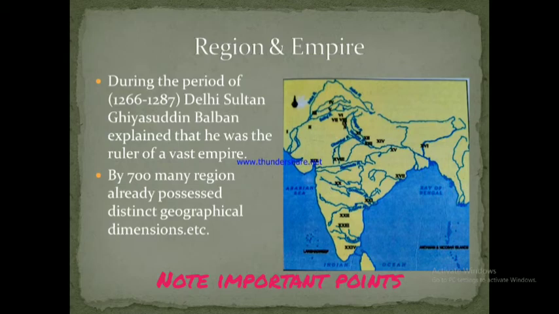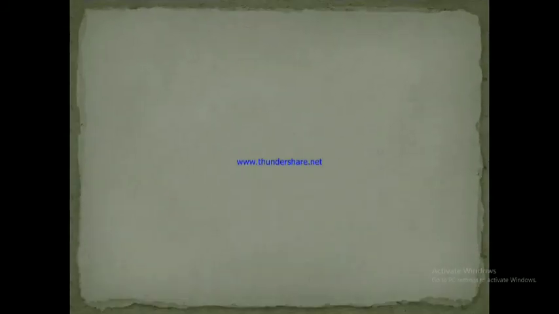As per Ghiyasuddin, he explained that this total empire shown in this diagram he alone ruled. By 700, many regions already possessed distinct geographical dimensions. During that period, many small kingdoms rose, became very strong, and possessed their own geographical dimensions.